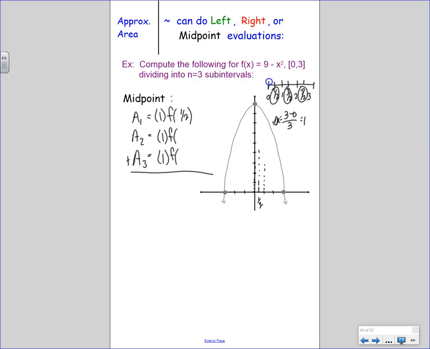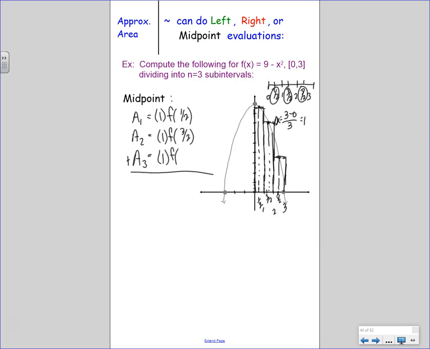Which means I hit and I come back under a little, over a little, and I have my rectangle. In between 1 and 2, where am I hitting? 3 halves. And then where's my last one going to be? 5 halves.